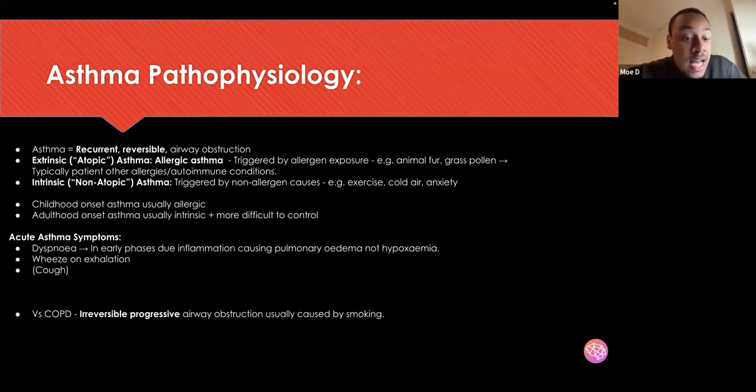Patients having an acute asthma attack can also have a wheeze on exhalation and also a cough, which is particularly pronounced at the end of the asthma attack. Throughout the slides, I'll also be doing some brief comparisons with COPD, as it's a common exam Part B question where you have to compare asthma and COPD. In comparison, COPD is an irreversible progressive airway obstruction, and one of the biggest causes is usually smoking.